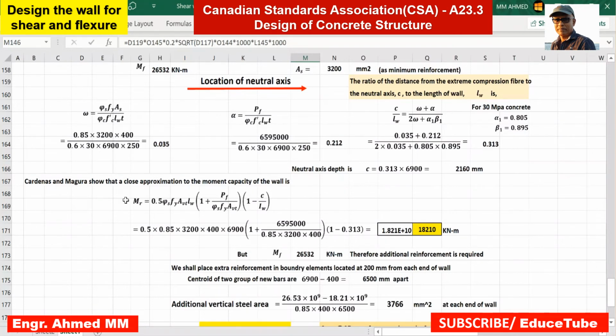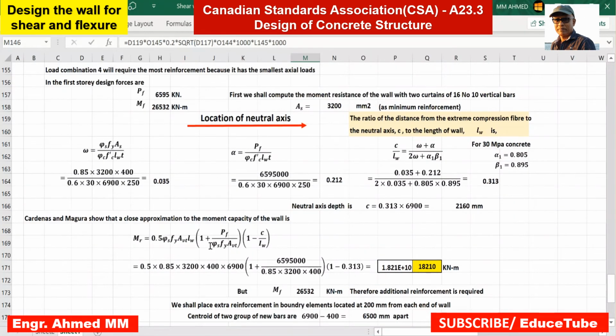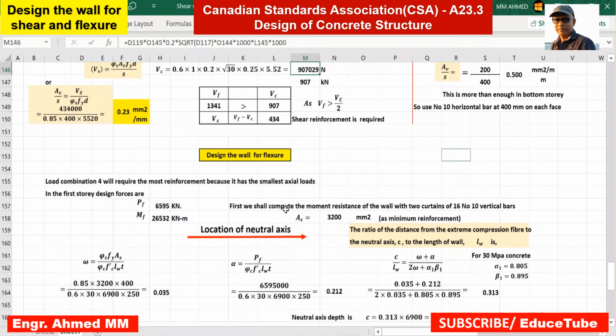And another important thing we have to look at in this equation. As I said here, we shall compute moment resistance of the wall with two curtains of 16 number 10 vertical bars.